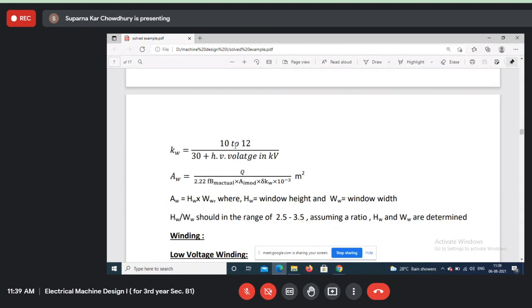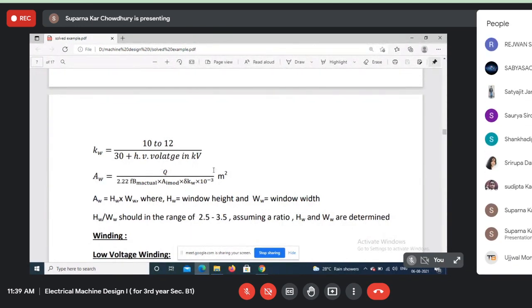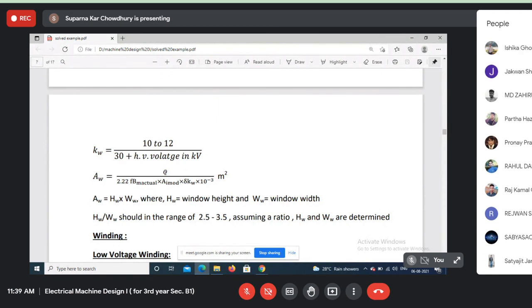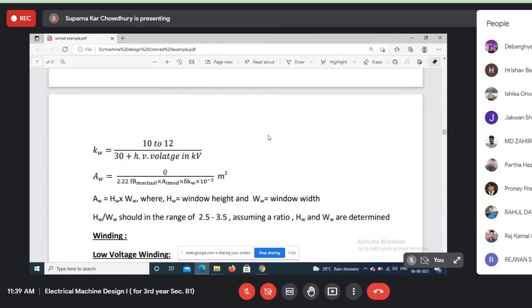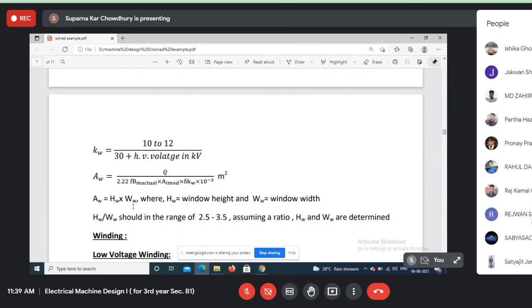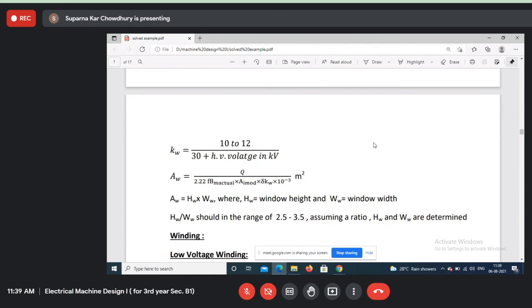So we assume a value of Kw. Assuming a value of Kw, we can calculate the value of Aw or the window area. So we will get from this equation, this window area will be in meter square. Now the window has a width and a height. Now height to width ratio is 2.5 to 3.5 is the normal.